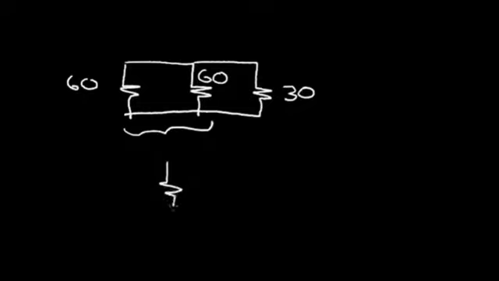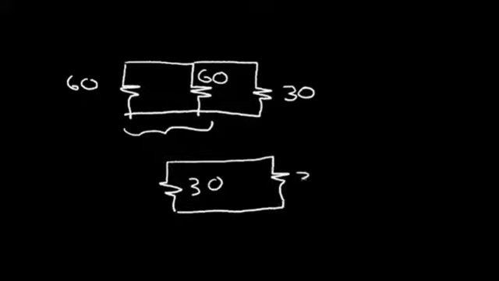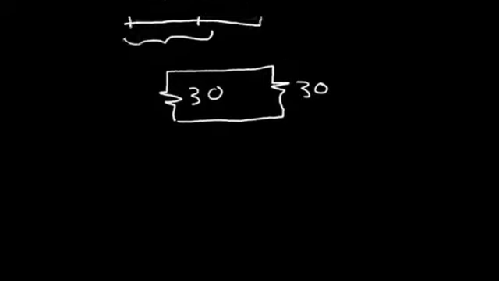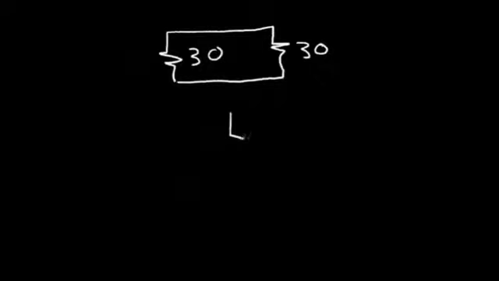So the 60 ohms in parallel becomes 30 ohms in parallel with another 30 ohms. And again, we can do the product over the sum, or we can just look at it. Whenever we have equal values in parallel, the value cuts in half. So the equivalent resistance in this case is 15 ohms.